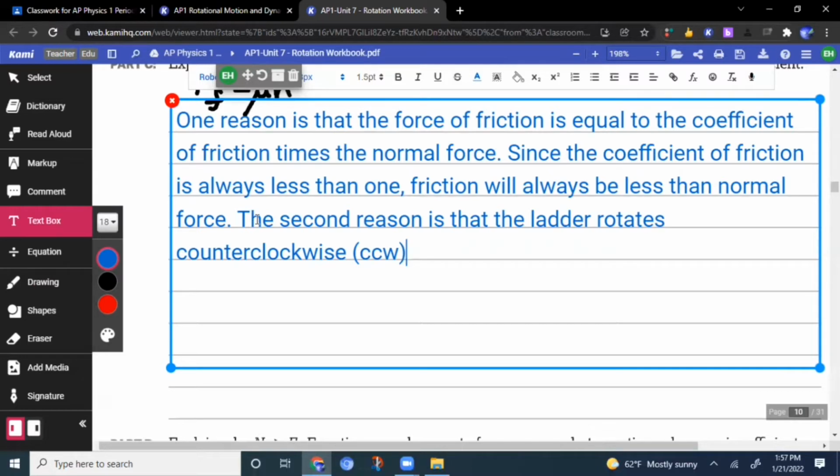So the second reason is that the ladder rotates counterclockwise as it slides.